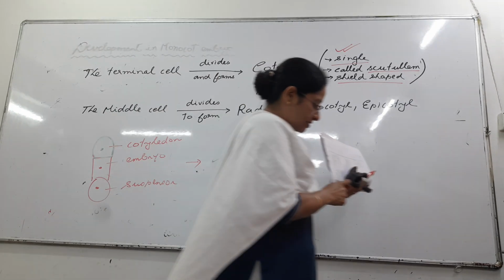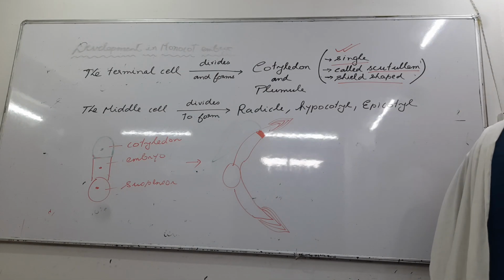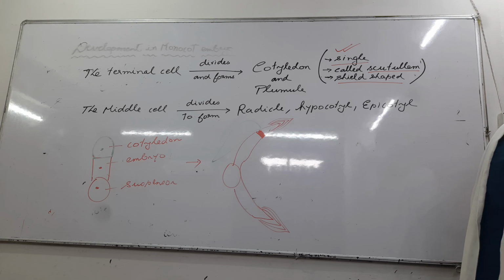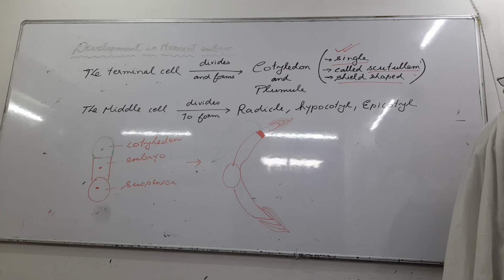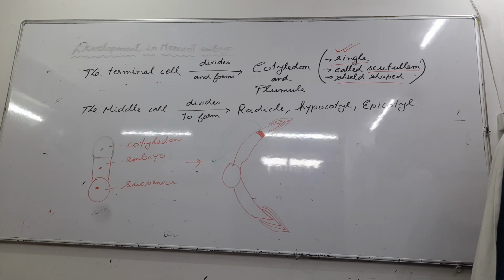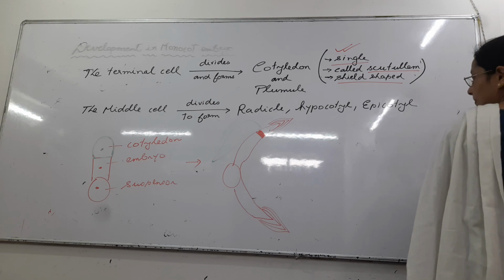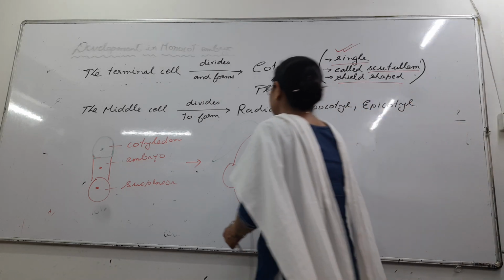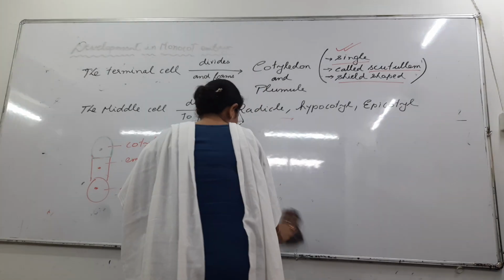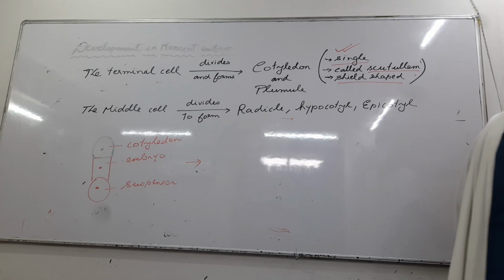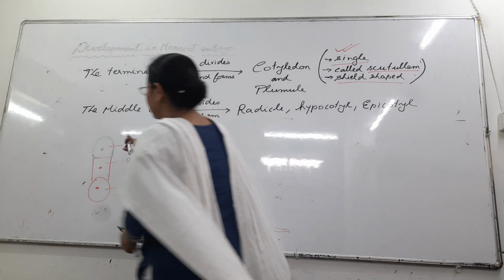Green color is not visible. If you want to draw the diagram properly, what you do is, we have talked about this structure.